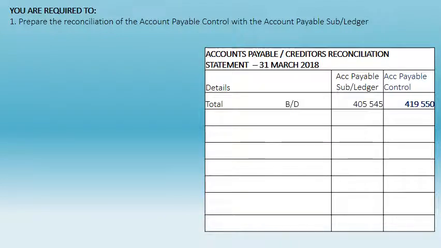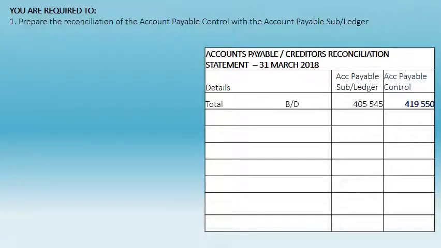The first entry will be to reflect the total as calculated at the end of the month. The total that was calculated for the subsidiary ledgers was an amount of 405,545 rands.